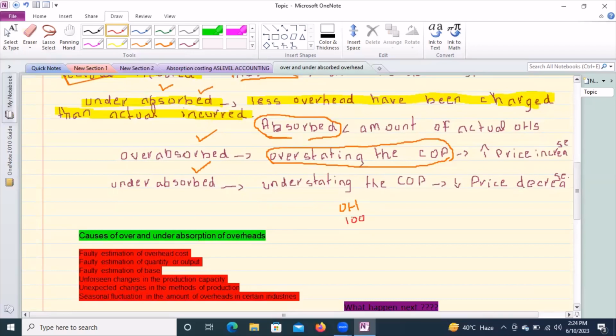So if your overheads are 100, it means that you will charge a high price on it. Maybe you want to get $10 profit, so you will set a price of $110. Okay. But after 1 year, you get to know that your overheads were not basically 100, they are basically $90.